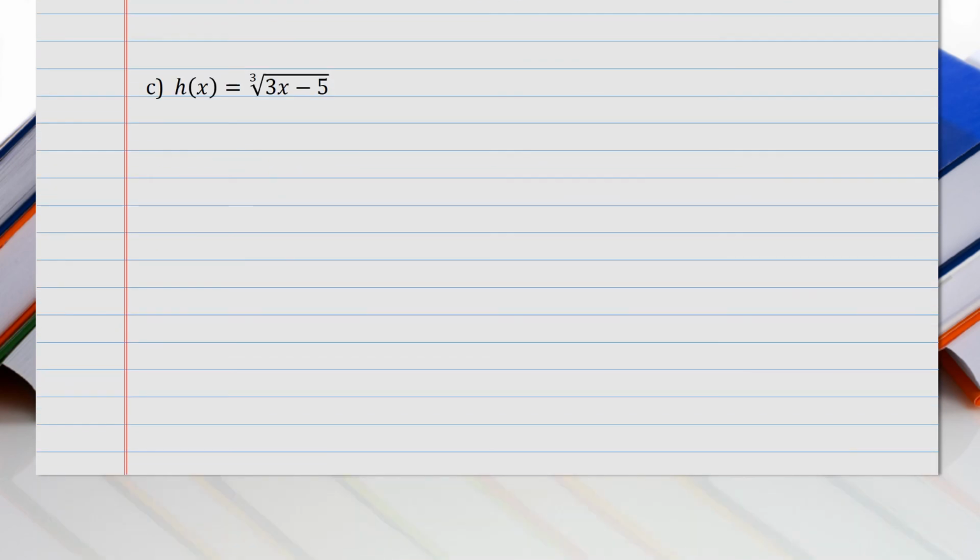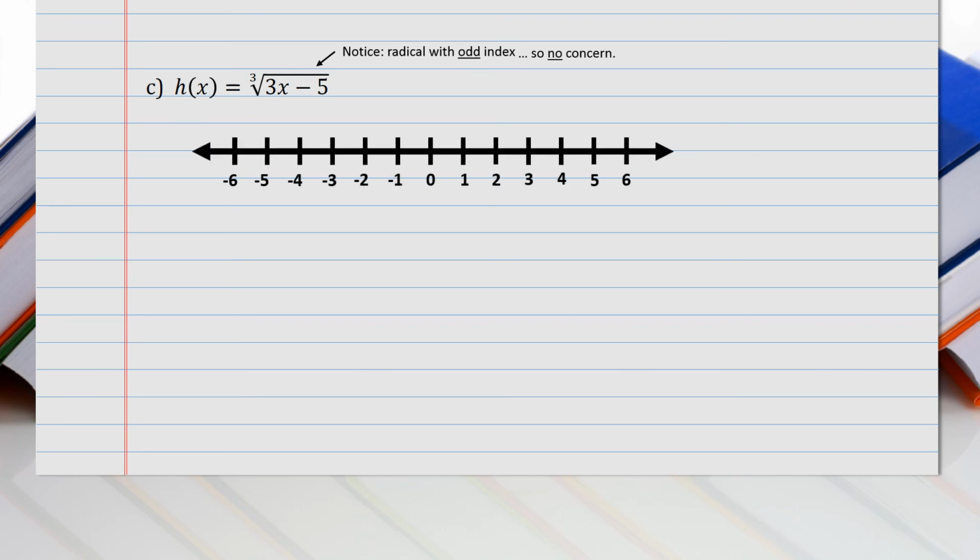Problem C. h of x equals the cube root of 3x minus 5. Notice the radical with an odd index. Well, what does that mean? It means we have nothing to be concerned about. So we look at the number line. Because this is an odd index and we have no concerns, that means the entire number line can be used and will be shaded.